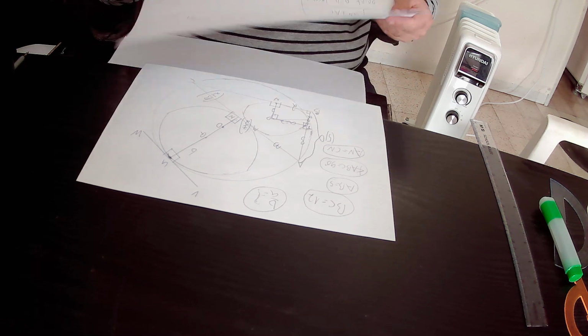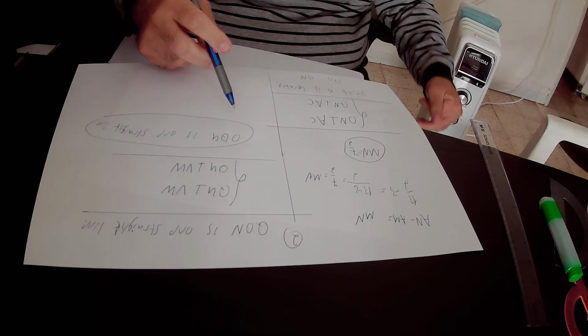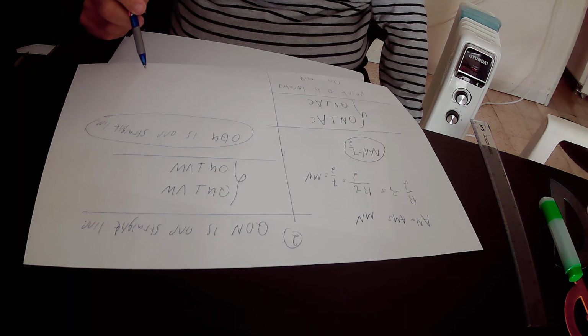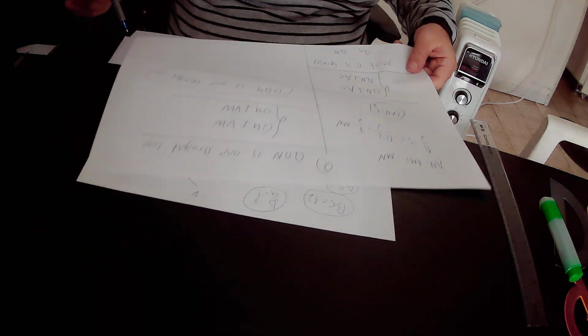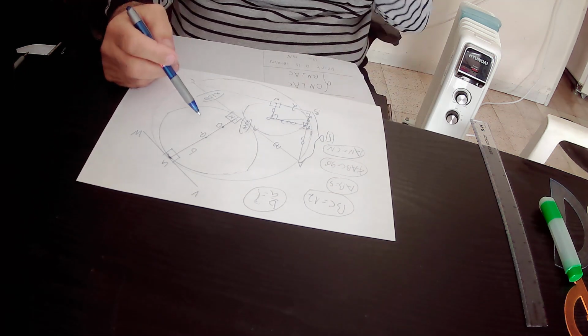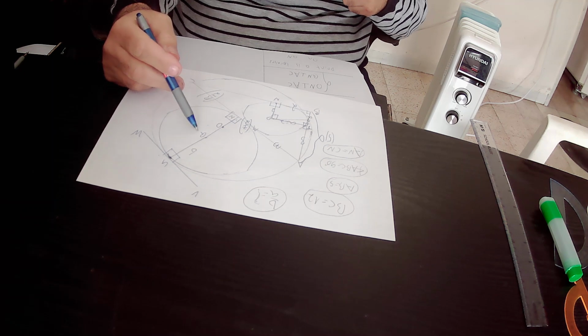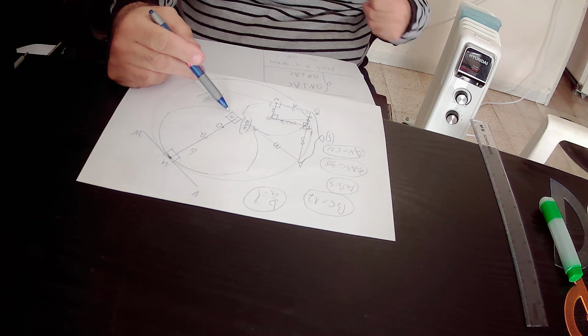Okay, so we derive from it that OQU is one straight line. So we actually found out that OQU is one straight line and QON is also one straight line.